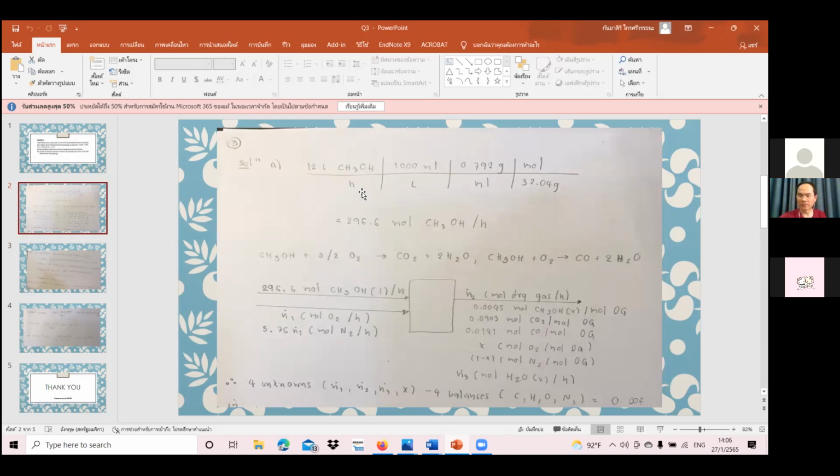It's not correct, right? It's correct, but I ask you to describe how to obtain this value. Why do you multiply 1.5 with 296.6, and why is it equal to the theoretical oxygen? What does this mean?